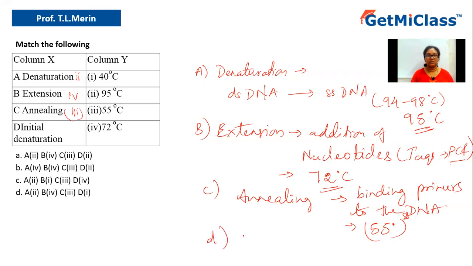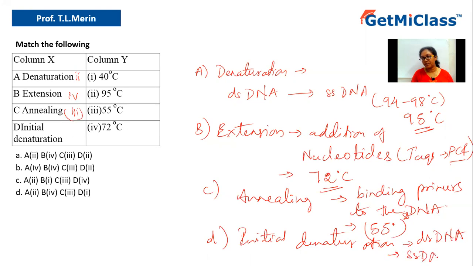Then what does D say? D says initial denaturation. So what do you mean by initial denaturation? Initial denaturation is again nothing but the separation of the double-stranded DNA. Here also there is separation of the DNA, so double-stranded DNA will get converted into single-stranded DNA.